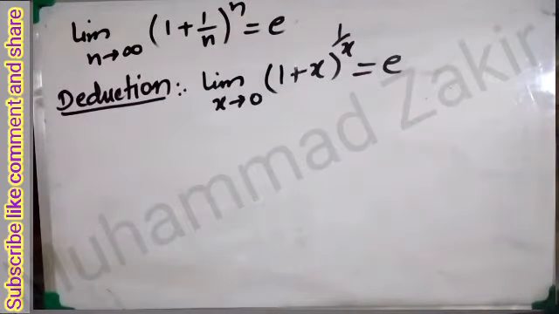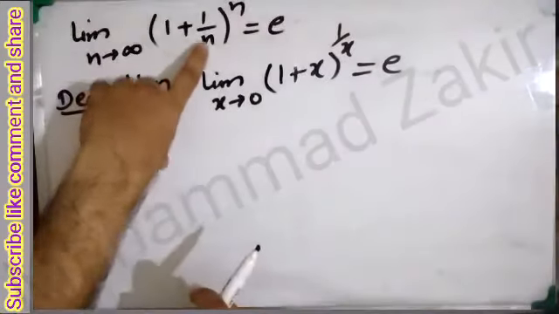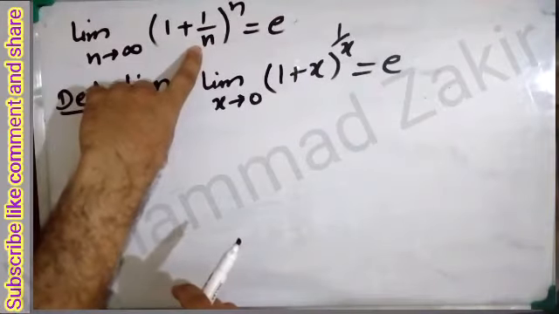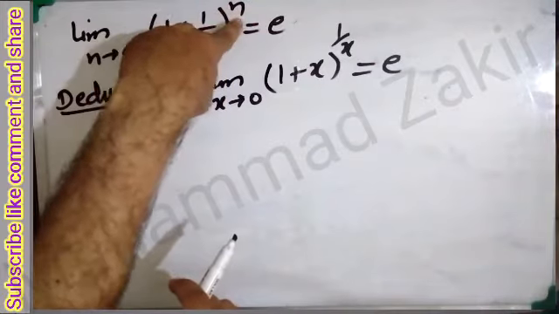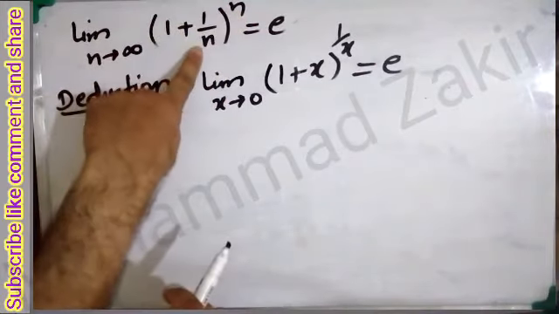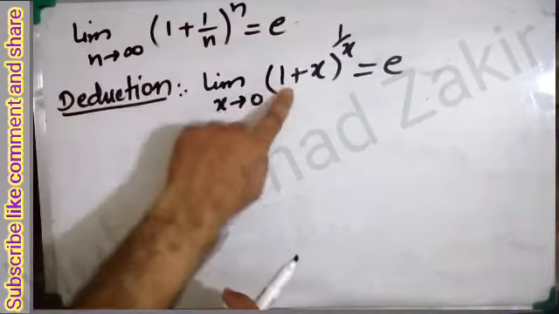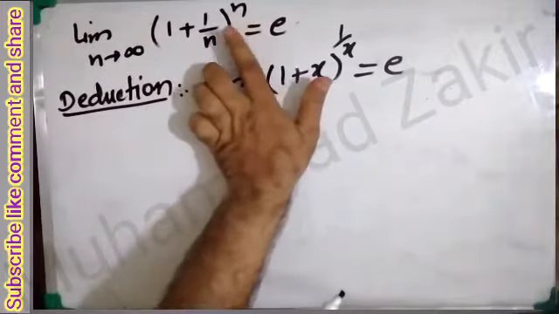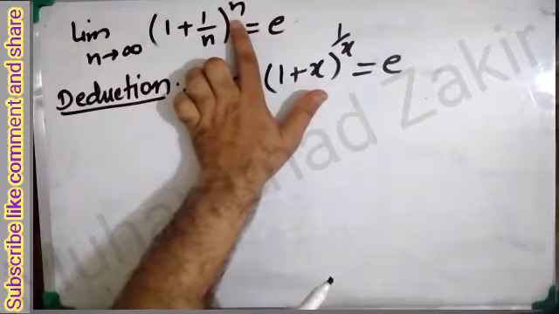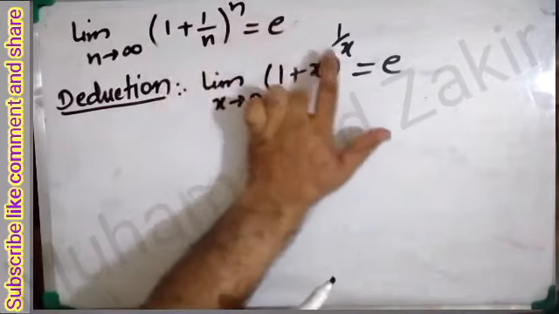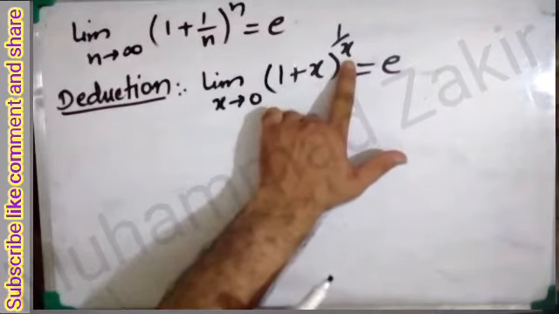Now students, you can see that these two are reciprocals of each other. n is the power, and 1 by n is in place of x. Now they are interchanged. The power was n, now the power is in the 1 by n form.